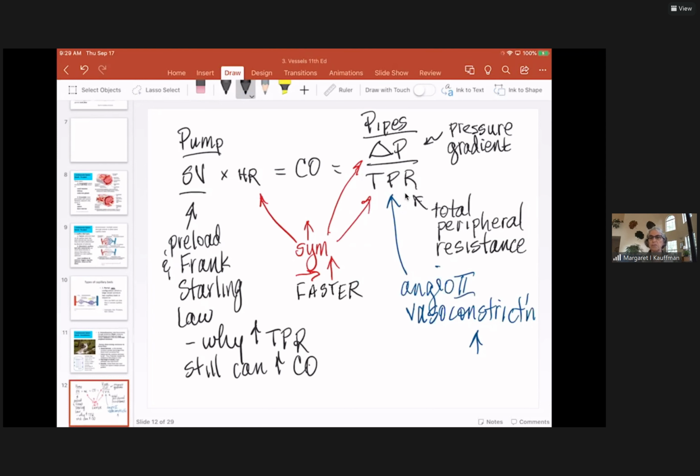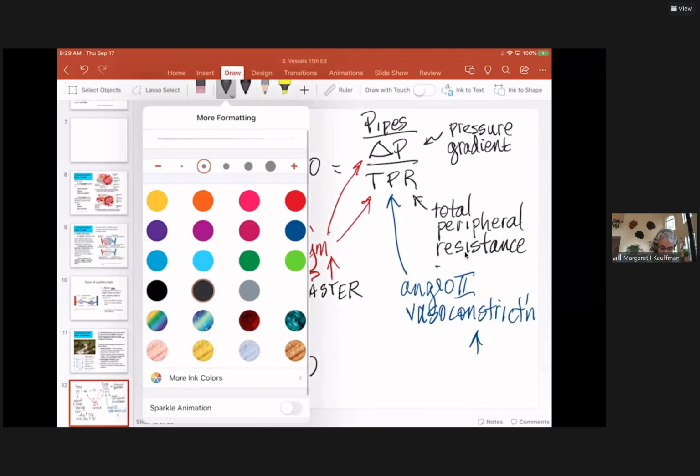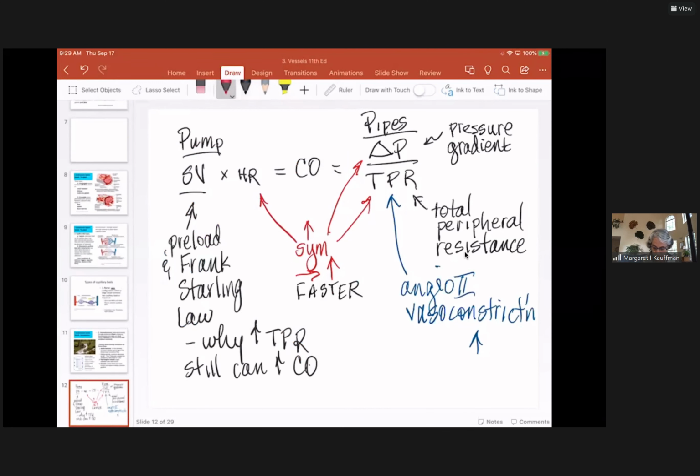One of your groups talked about all the factors that can contribute to resistance. And the main factor here, the primary factor, maybe I'll make that one red again, is going to be diameter.